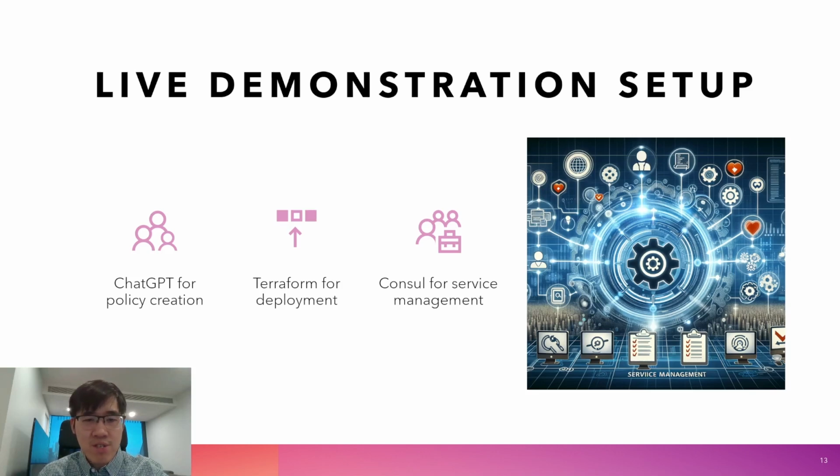One of the components that we will need is ChatGPT. In this case, we'll be using ChatGPT for policy creation. We can then use Terraform for deployment, and we'll use Consul for service management.